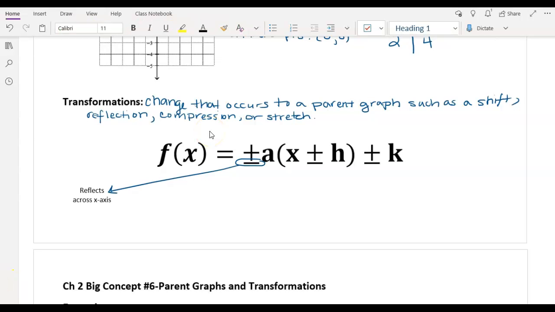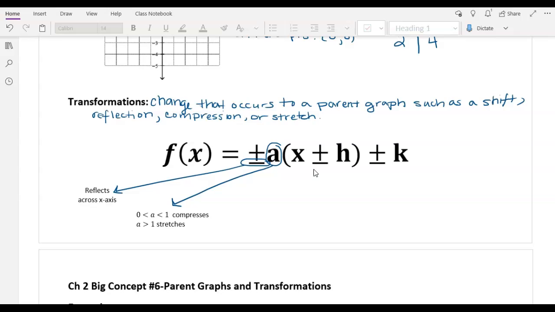All right, so if it's negative, it reflects across the x-axis. Now, a has a special place too. So if a is a value greater than 1, it is going to stretch out our function. And if it's a value between 0 and 1, it's going to compress it.